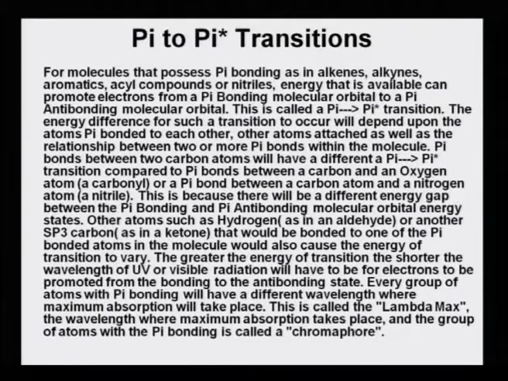What the next group is, whether it is contributing or not contributing into these transitions, will also make a difference. The greater the energy of transition, the shorter the wavelength of UV or visible radiation will have to be for electrons to be promoted from the bonding to the anti-bonding state.